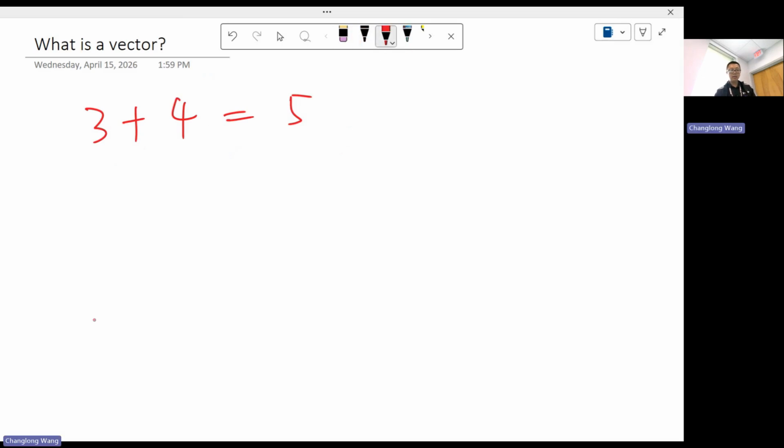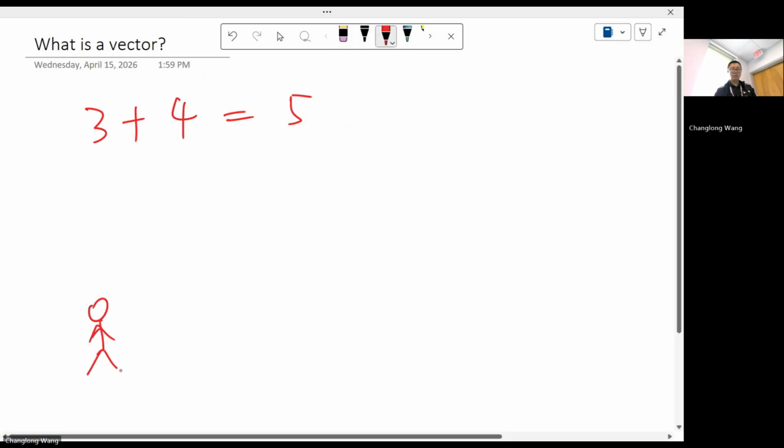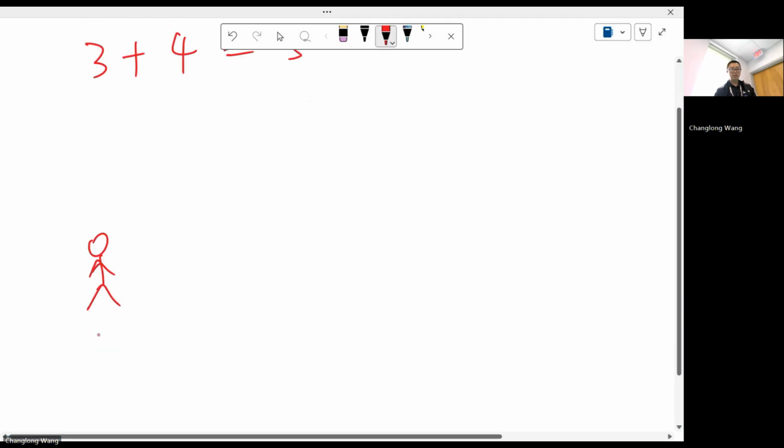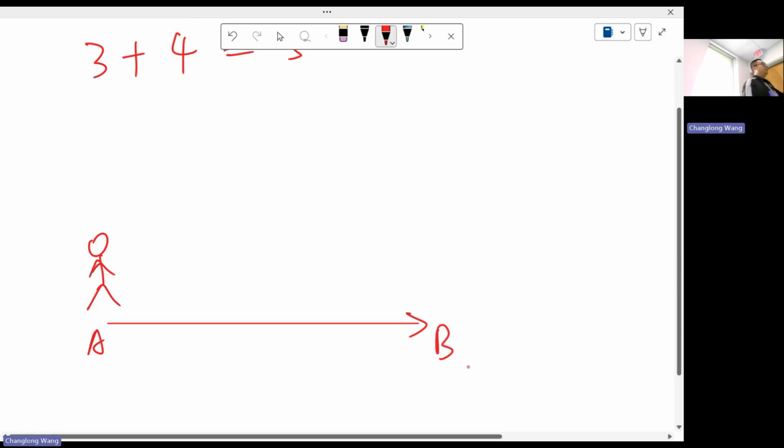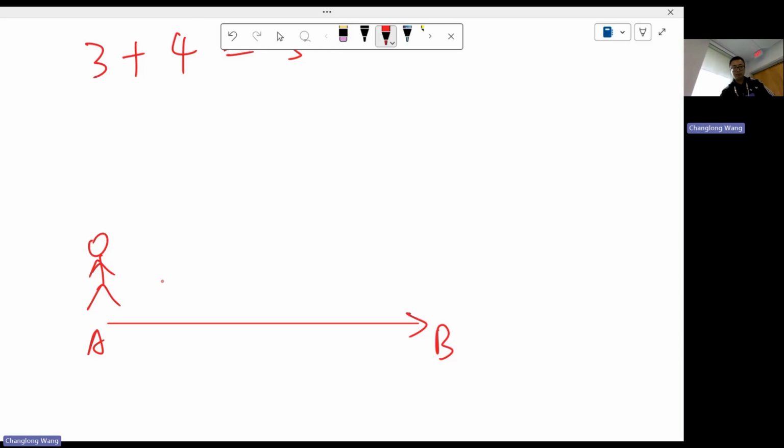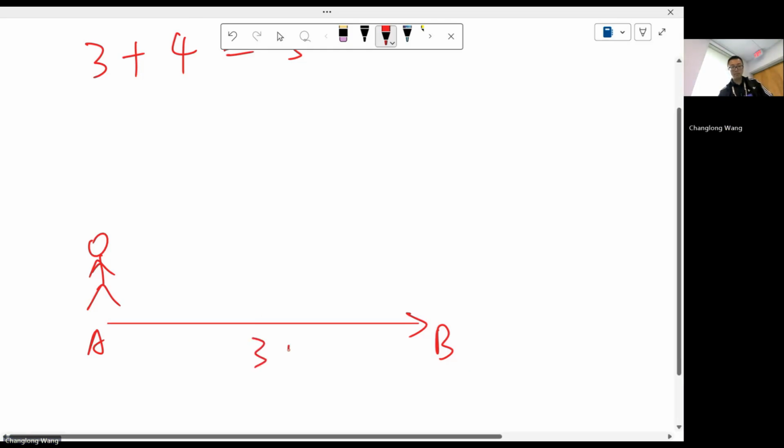Say there's this guy who started to walk from point A to point B in the eastward direction, straight to the east, and traveling 3 meters.